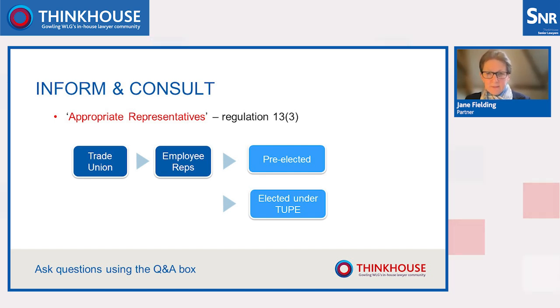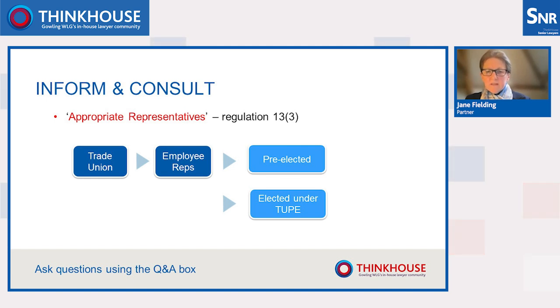And you have a choice there, potentially. If you have a pre-elected staff forum and the remit of that forum is sufficient to cover TUPE, then you might choose to use that forum. Or you could invite the affected staff to elect representatives specifically for the particular TUPE transfer.